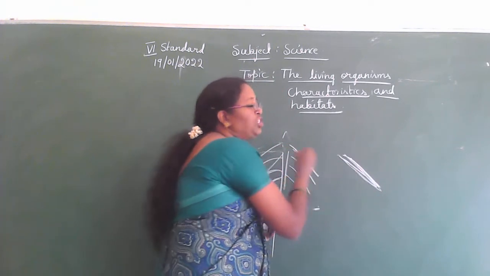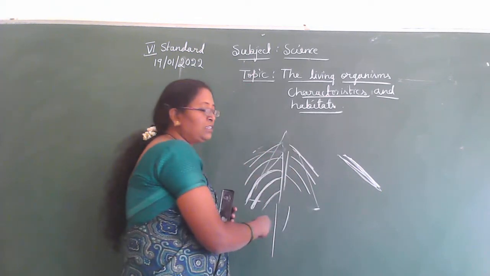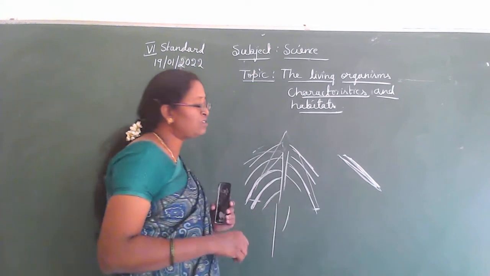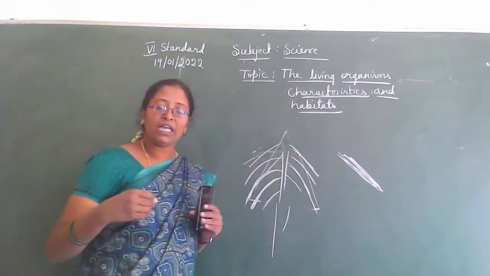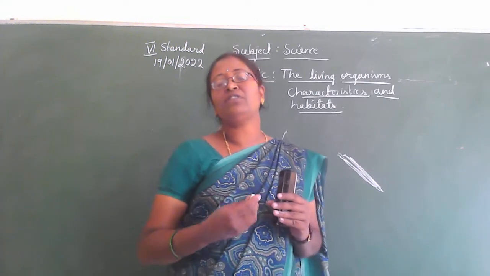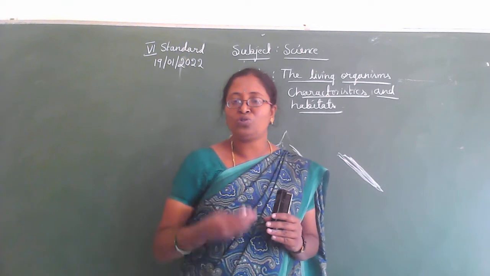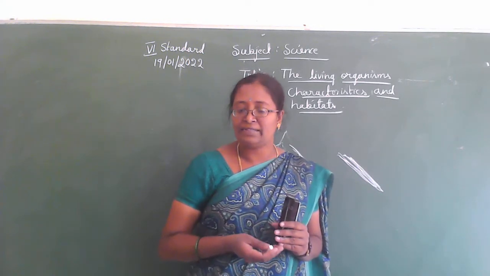This cone shape of the trees, the sloping branches and the needle-shaped leaves help the rainwater and the snow to fall down or slide off easily.